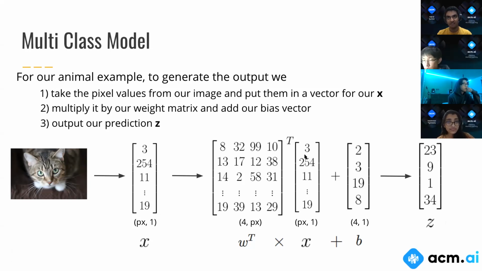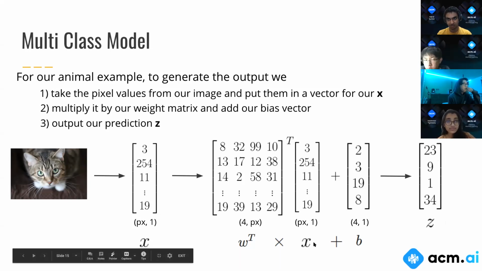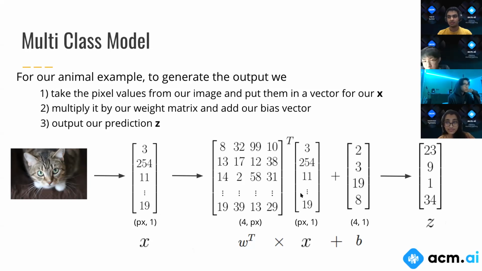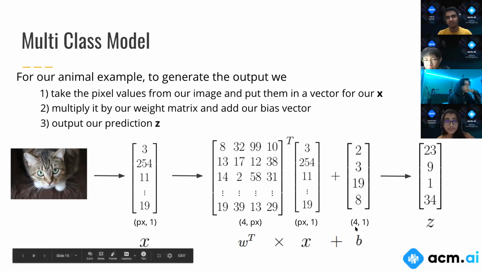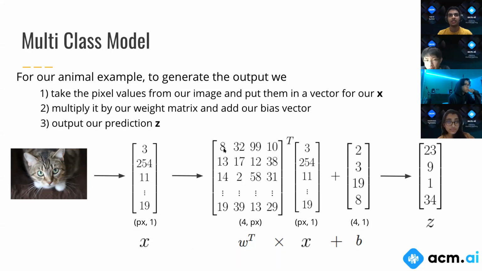And the same applies if your second thing is not a vector but a matrix. Oh wait, but that's transposed, right? In this case, it's transposed, yeah. But the same way of multiplying works if both of these are matrices. So you know how we did 8 times 3 plus 32 times 254 plus 99 times 11 plus 10 times 19 is the first element here, right?